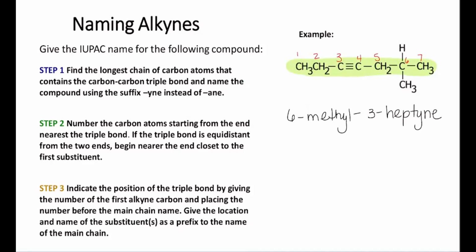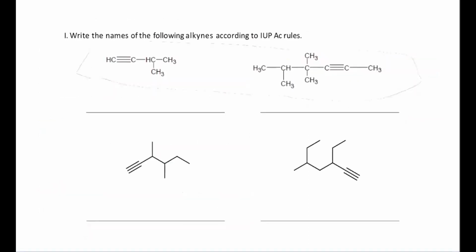Okay, so 6-methyl-3-heptyne is the correct name for this molecule. Okay, so let's practice. For alkynes, well, there are out there alkynes that are cyclic. In this class, we don't name them. We only deal with straight chain alkynes. So let's go through the first one.